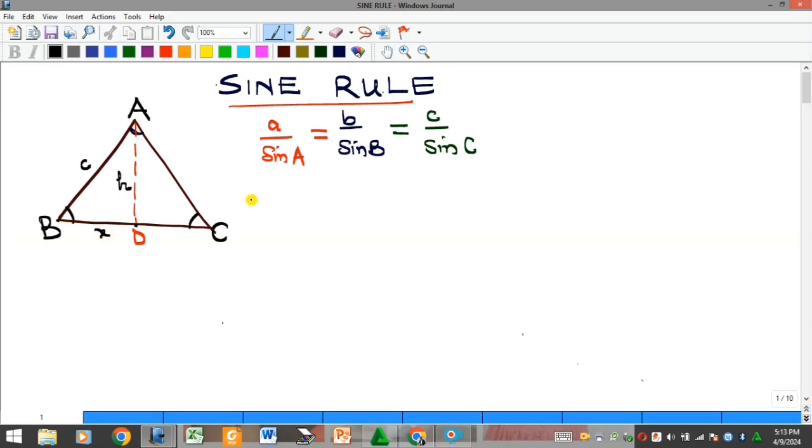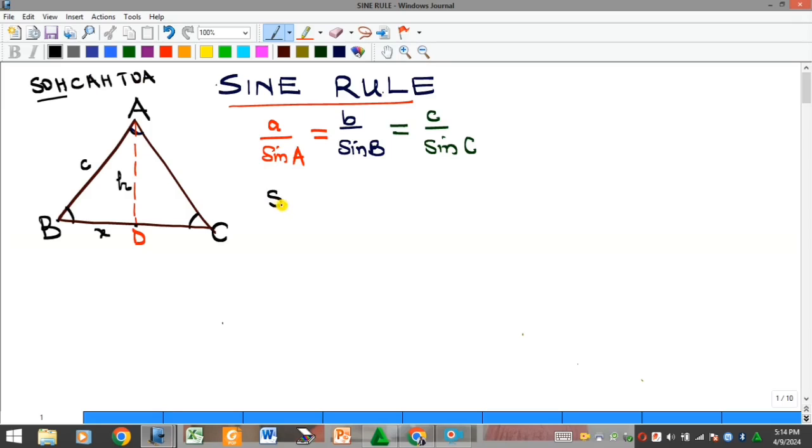By SOHCAHTOA, you remember this relationship, that is the definition of our trigonometric ratios. We are told that the sine of an angle is equal to opposite over hypotenuse.